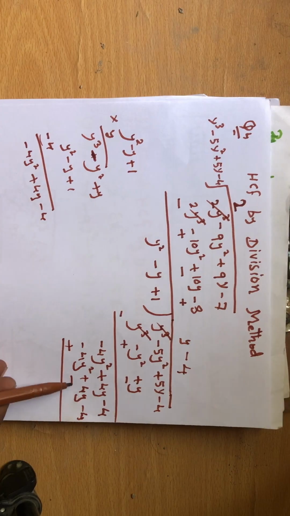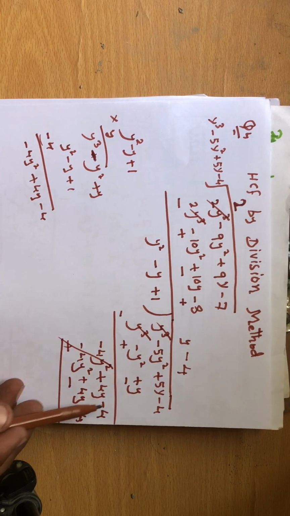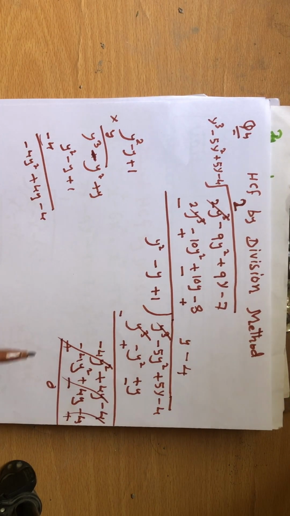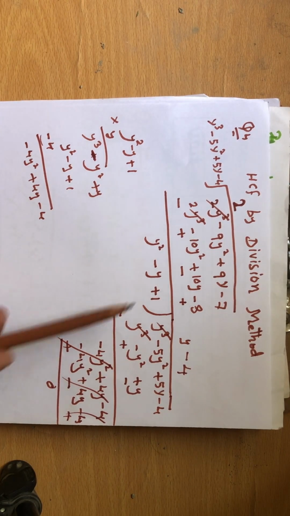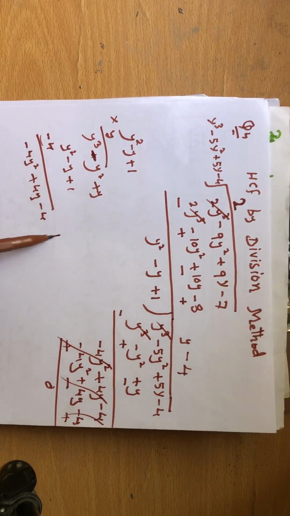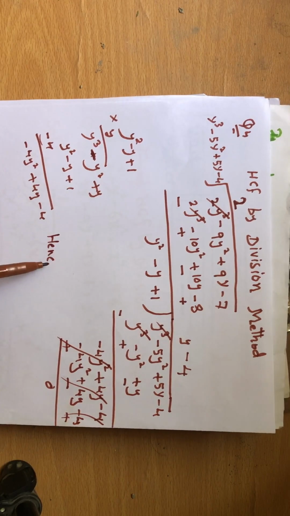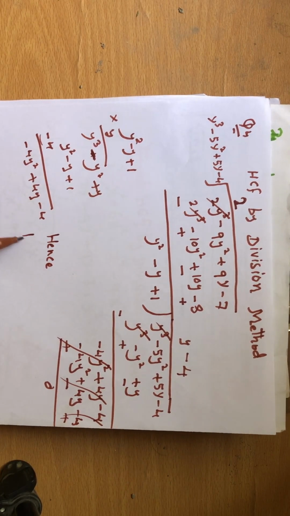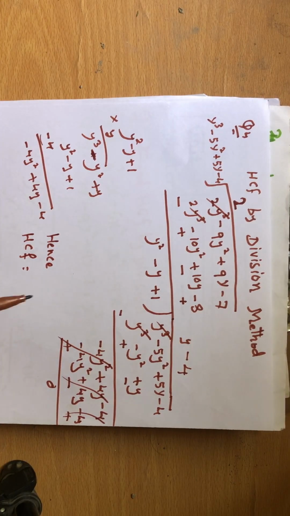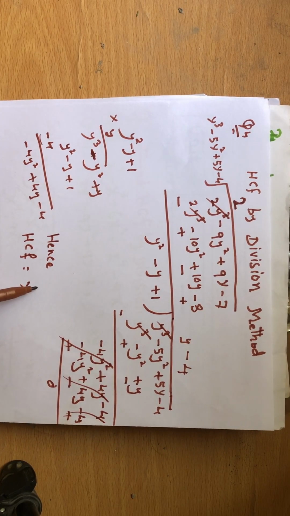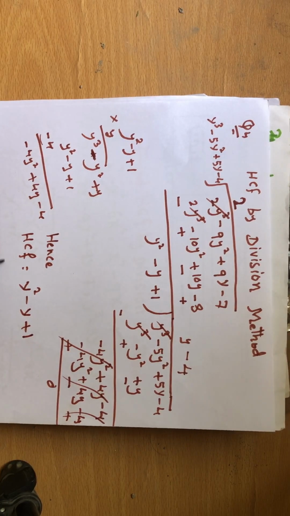Last step is to change the sign. We are changing the sign. All 3 terms are the same, only 0 is left. By this divisor, y square minus y plus 1, the remainder comes 0. This is why our HCF will be the last divisor from which we got the 0 remainder. So that is y square minus y plus 1. The question is over from here.